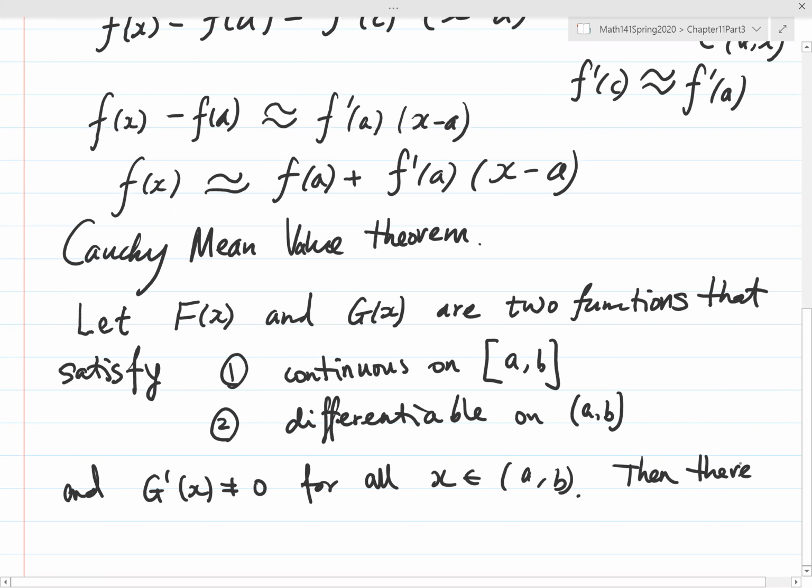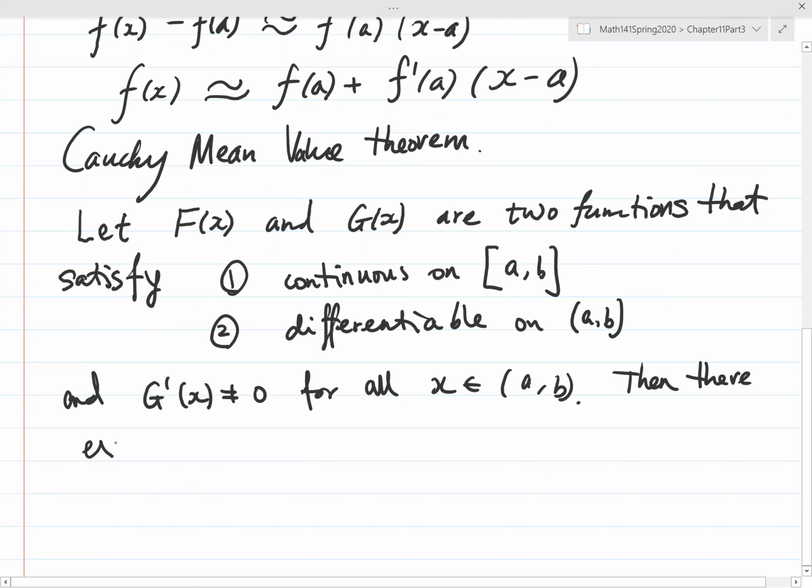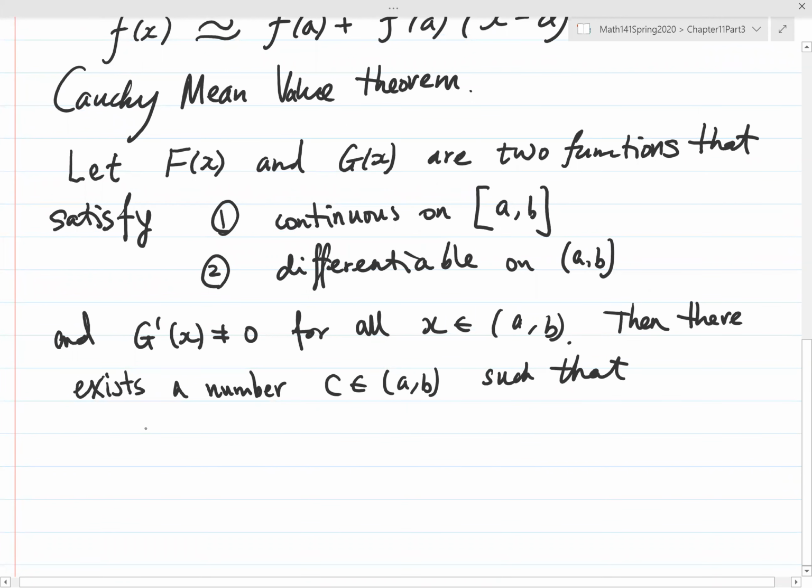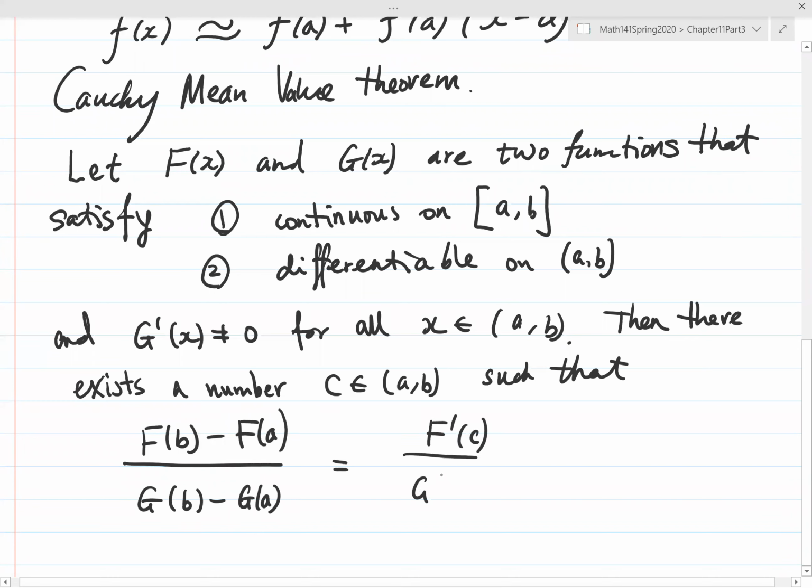Then there exists a number c in (a, b) such that (F(b) minus F(a)) over (G(b) minus G(a)) equals F'(c) over G'(c), where c lies between a and b.